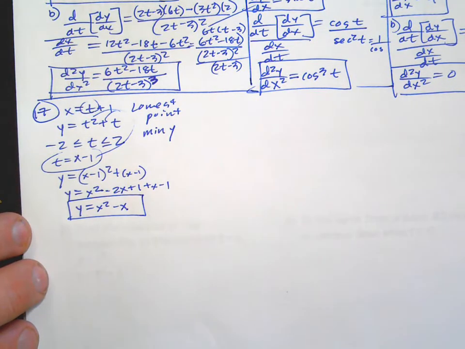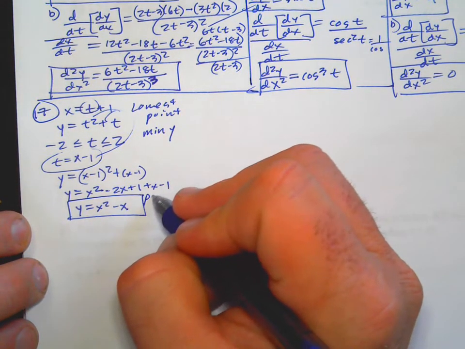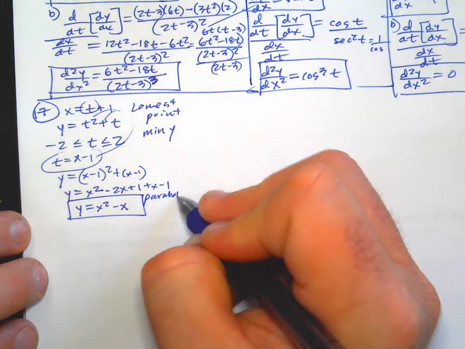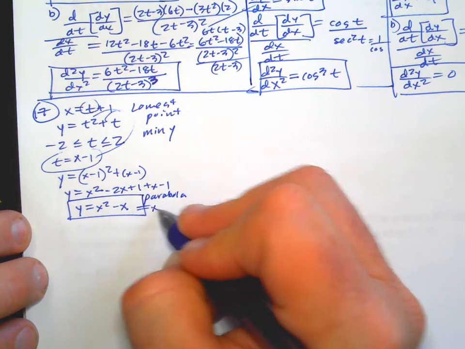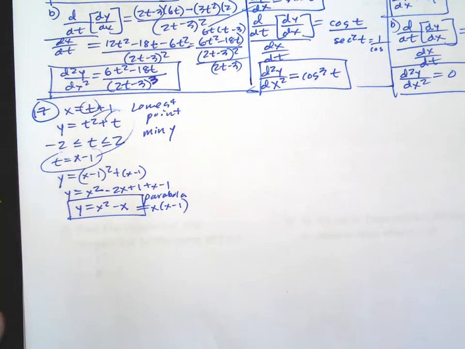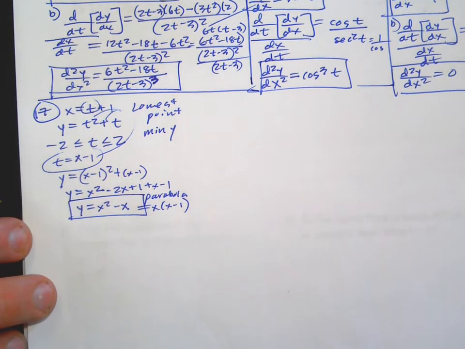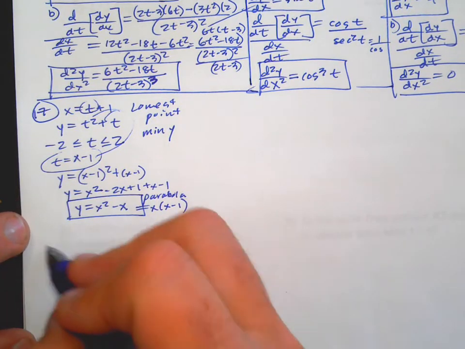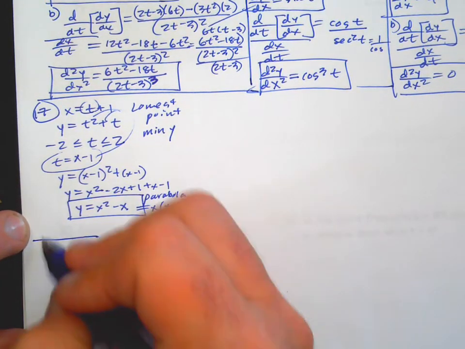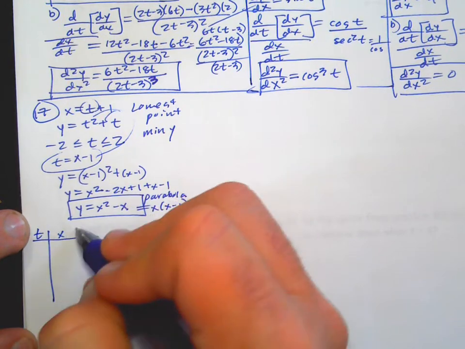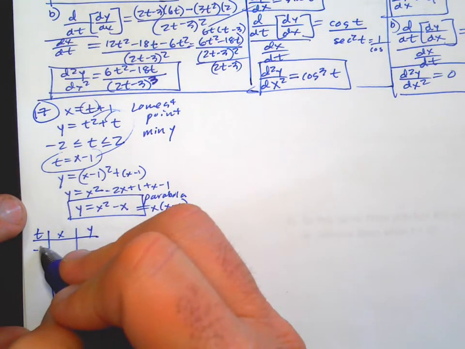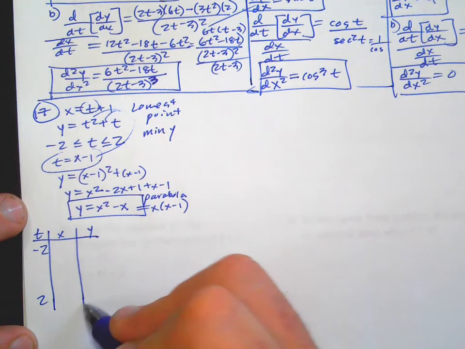It's a parabola. And there are different tricks we can do. We could factor it to find its roots, its x-intercepts, and the axis of symmetry would be exactly halfway between those. So this is going to be a parabola. We're going to plug in some values, negative 2 to 2, so we know what portion of the graph it is.